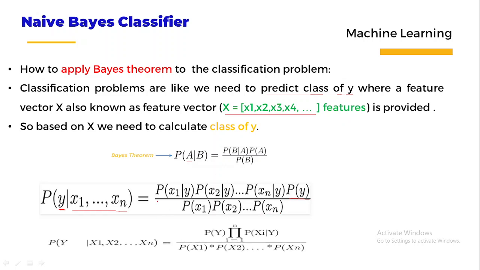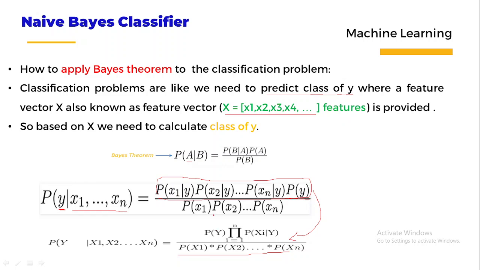Whatever this formula is, we have only rewritten it into this format: probability of y times the product for i equal to 1 to n of probability of xi given y. Here we are giving y and calculating the probabilities. Now you can see this denominator is the constant term. So this is constant.